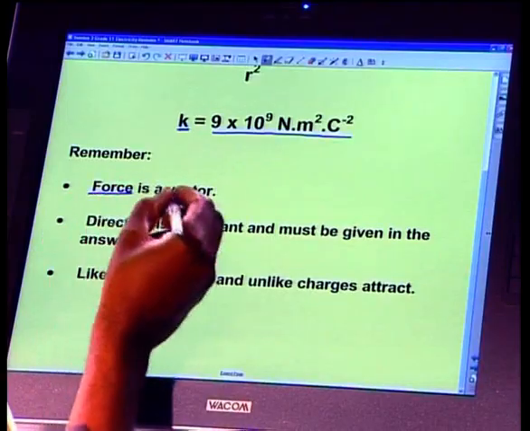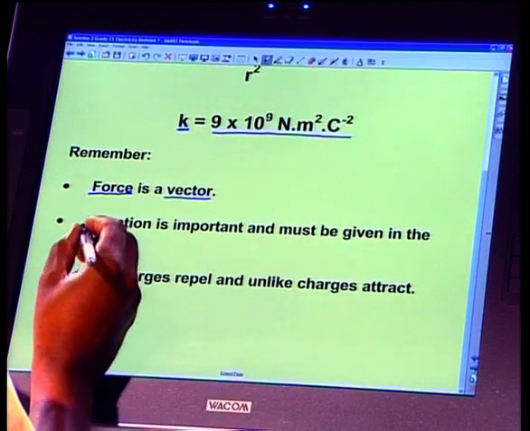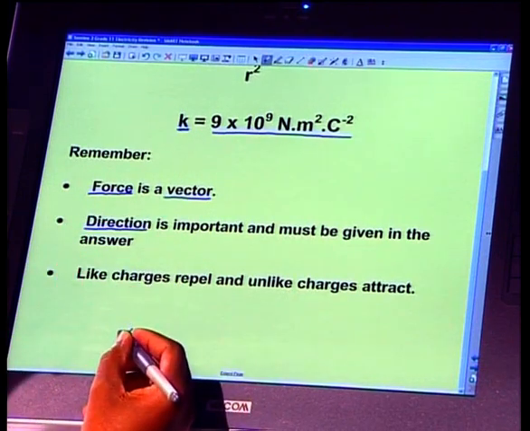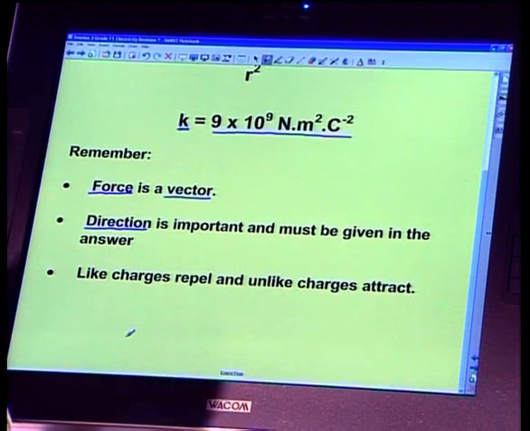And we said that force is a vector quantity. In the same way, this electrostatic force is a vector. So in other words, direction becomes very important, because how did we define a vector quantity? We said it's a quantity that has got both magnitude and direction.